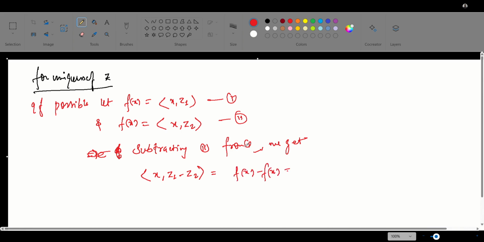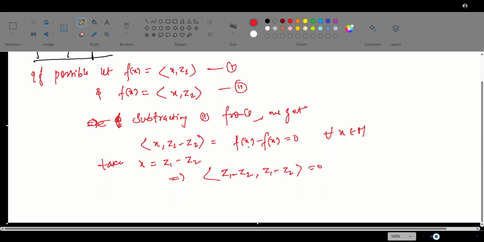So this will be equal to 0, for all x belonging to h. So now take x equal to z1 minus z2. Okay. So this implies the inner product of z1 minus z2 comma z1 minus z2 will be equal to 0.